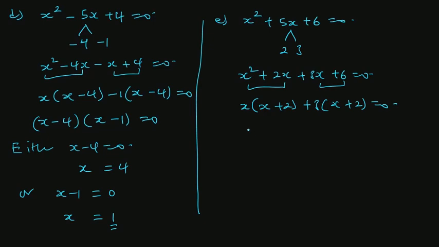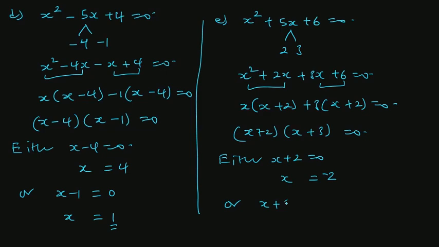So we factor out one bracket, x plus 2. What remains here is x, and what remains here is a 3, giving 0. So either x plus 2 equals 0, giving us x as negative 2, or x plus 3 equals 0, giving us x as negative 3.